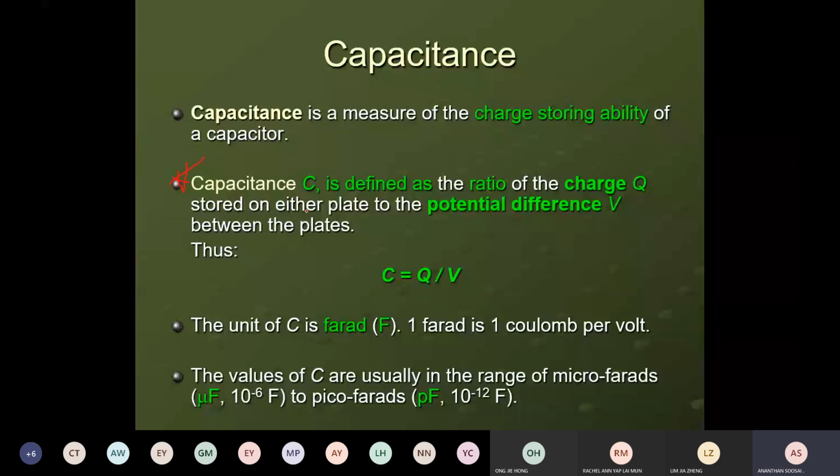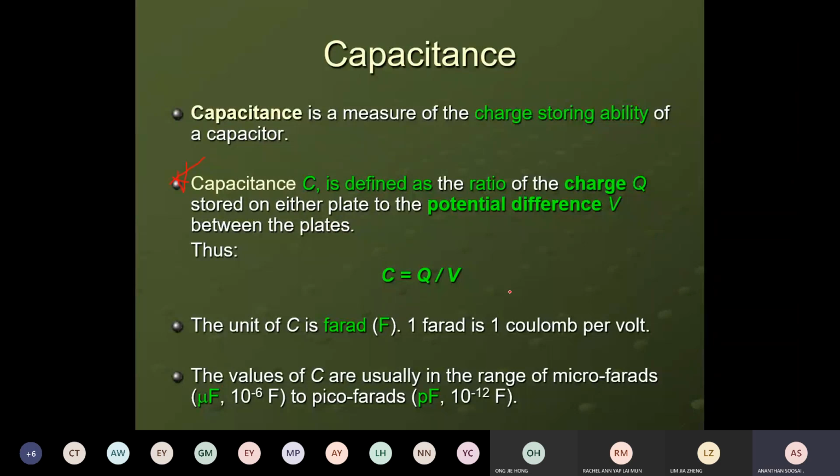C is defined as the ratio of the charge stored on either one of the plates, you must say one of the plates, to the potential difference between the plates. And C equals Q over V.